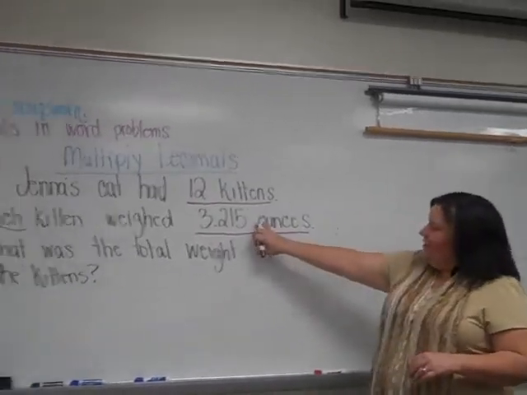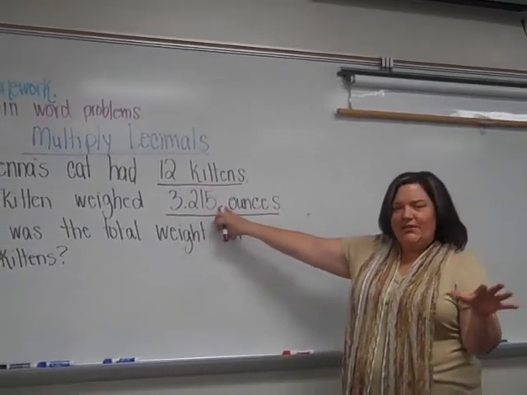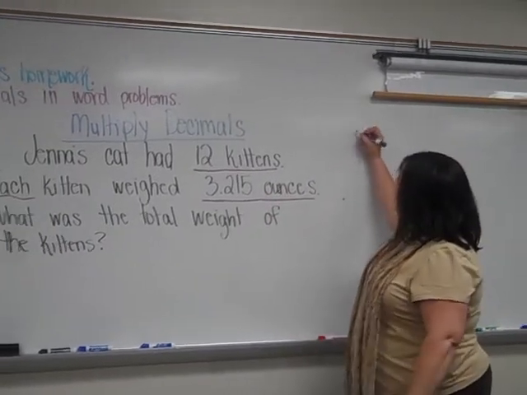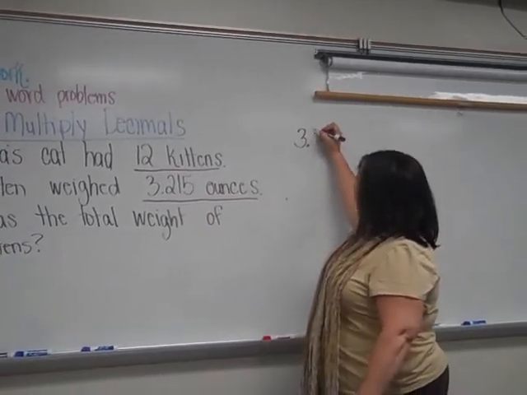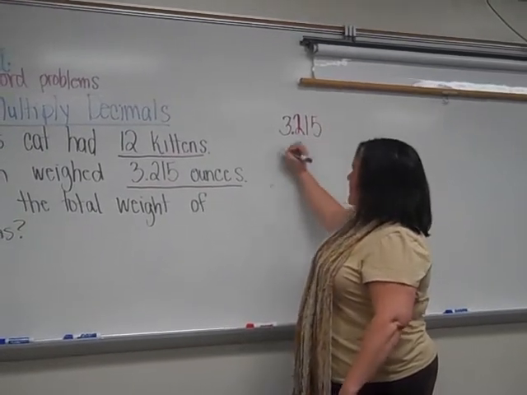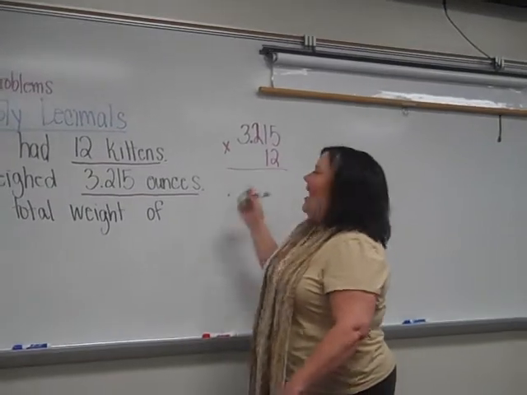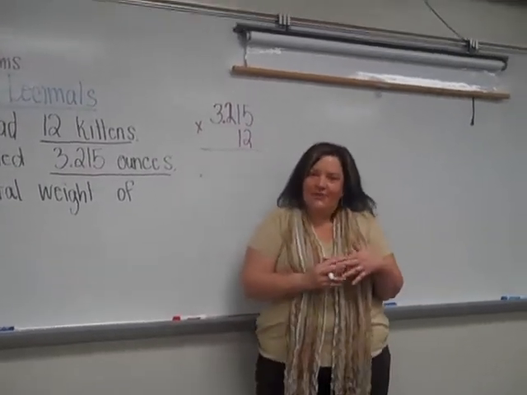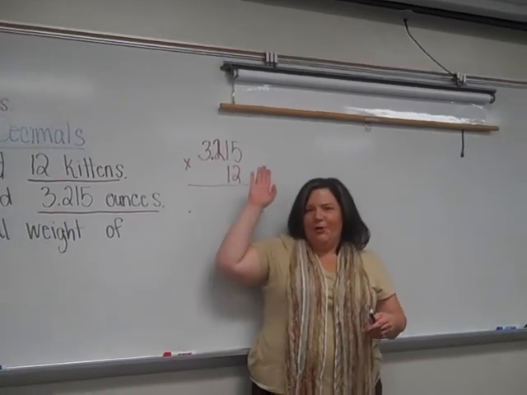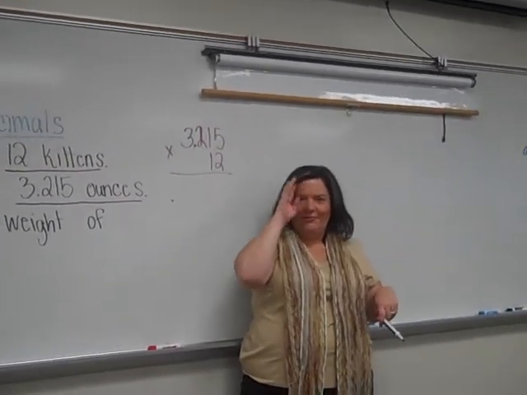So I like to put the value that has the most digits on the top. 3.215 times 12. I like to put the value that has the most digits on the top because to me it's easier to multiply with the greater number listed above.